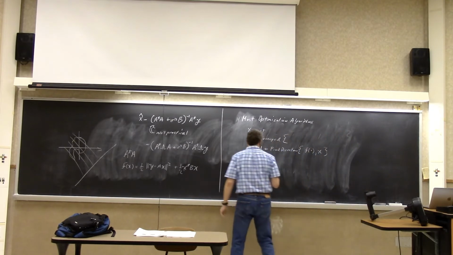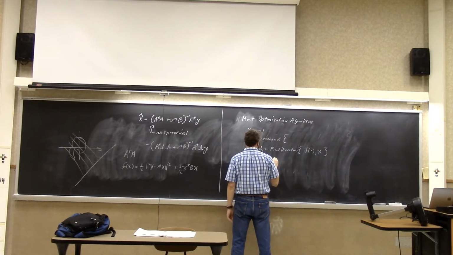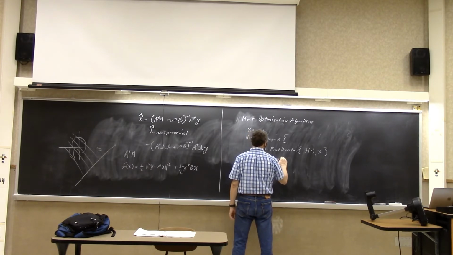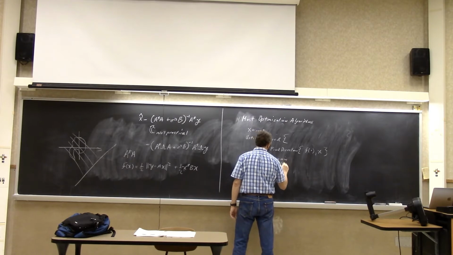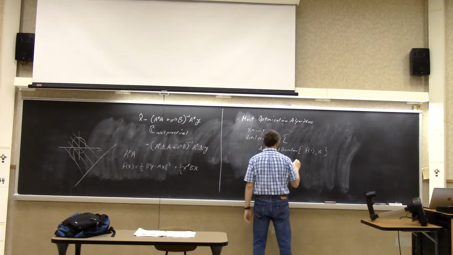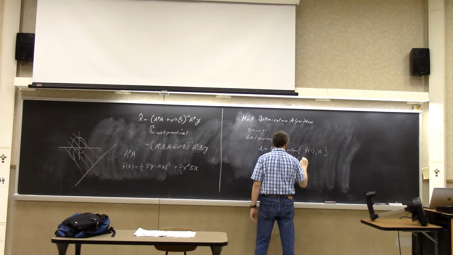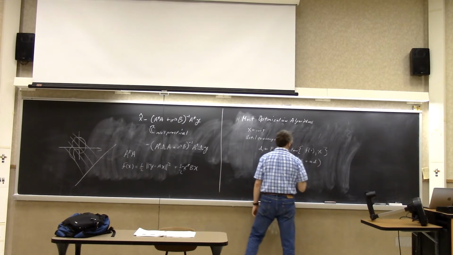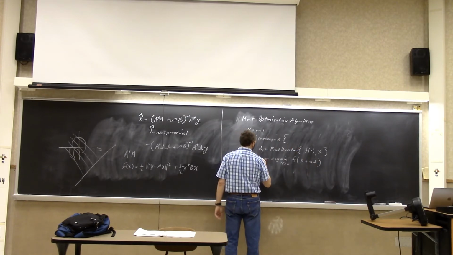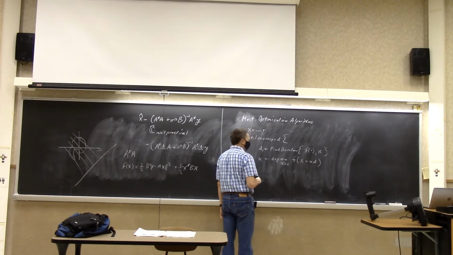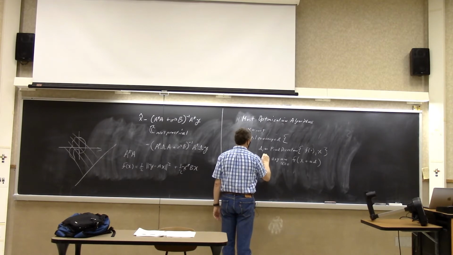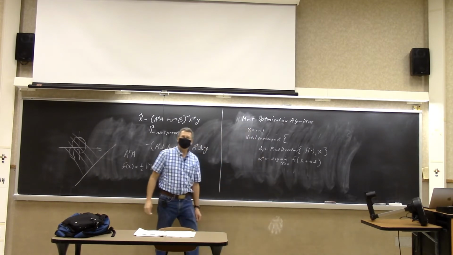Somehow you have some kind of method for finding a direction. Then you do a line search. You do arg min over alpha greater than 0 of f of x plus alpha d, and that yields alpha, I'll call it alpha star, because it's the best value of alpha.